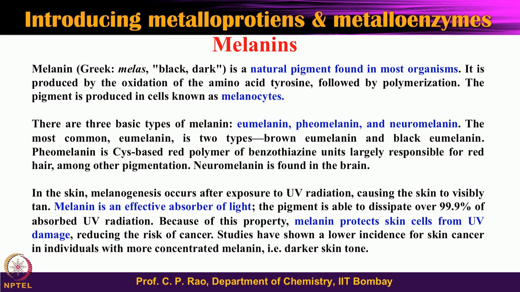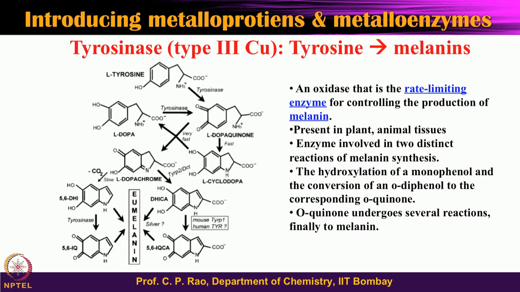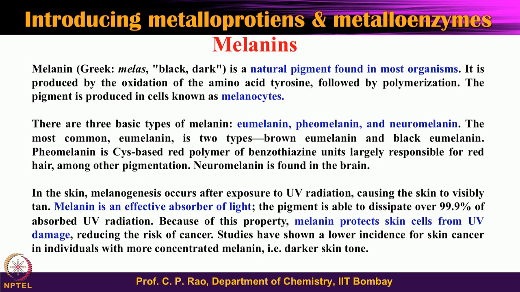Type 3 is again an enzyme where you have the oxidizing centers of like tyrosines. So, oxidized tyrosines will join together, form polymers, and these polymers will result in some molecules called melanin.